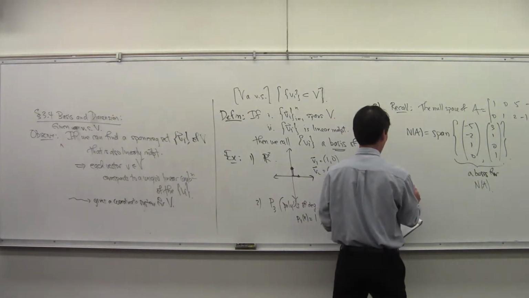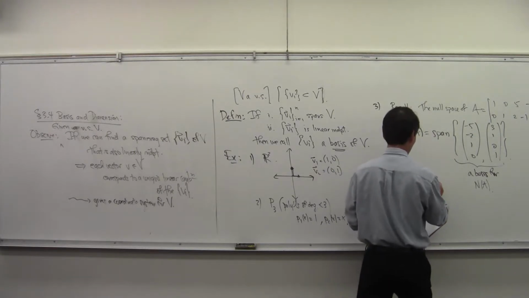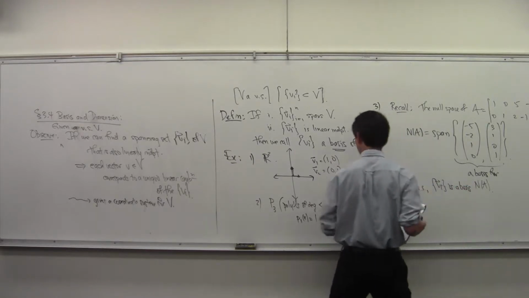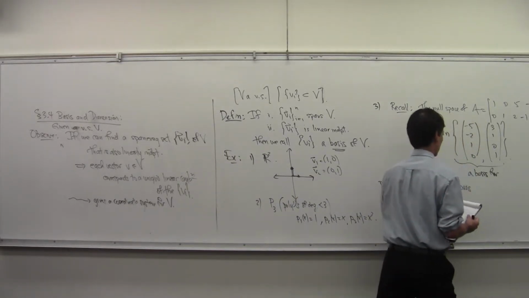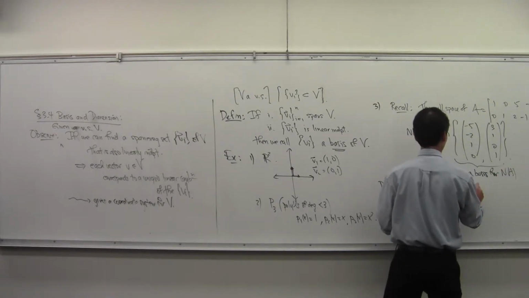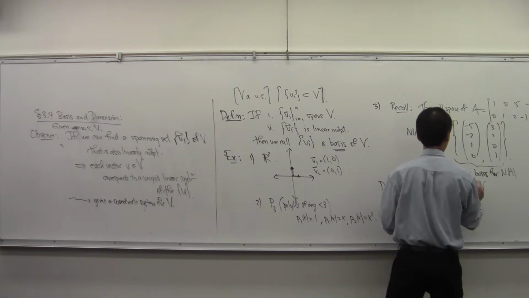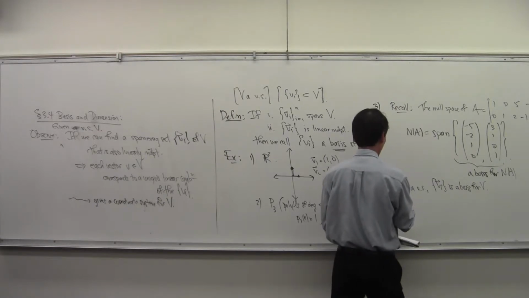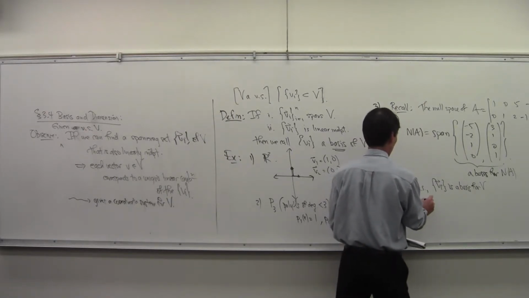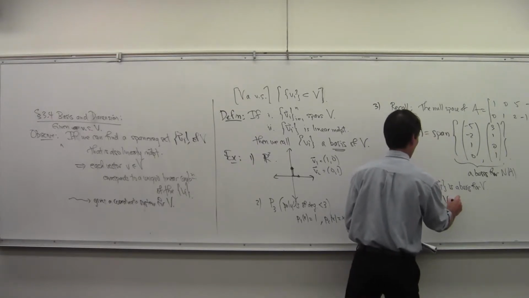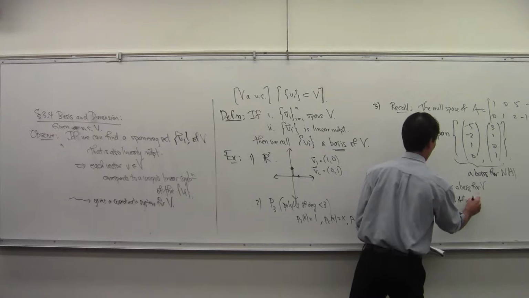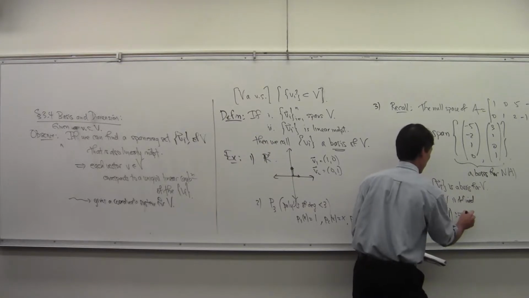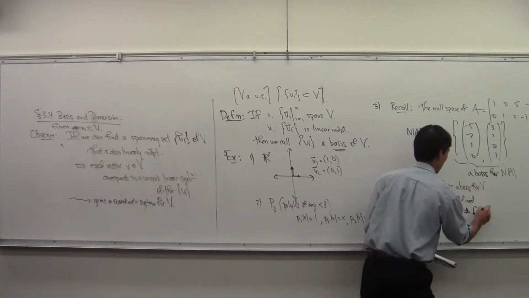Let V be a vector space again, and suppose that V_i is a basis for V. Then the dimension of the vector space, usually written dim V, is defined as the number of elements in the basis.